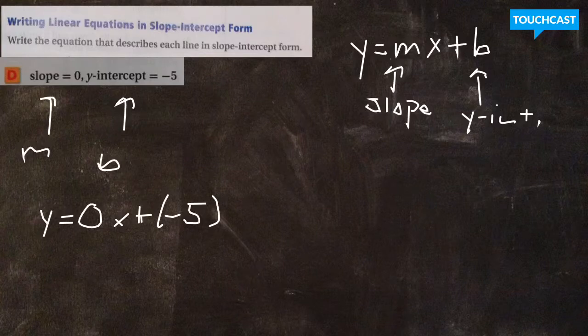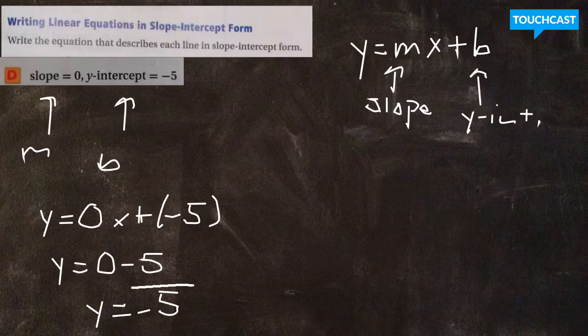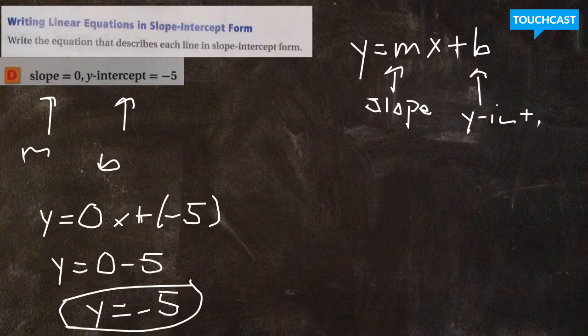Well, 0 times x is 0, so we've got y equals 0 plus a -5, which is like -5, and 0 minus 5 is just -5, so y equals -5. We don't have to have an mx part. All we need is a b, and it's in slope-intercept form.